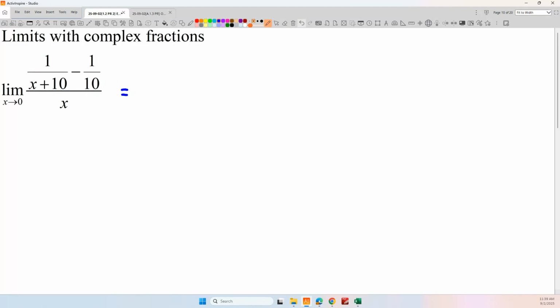Well, the least common multiple of the denominators is going to be their product in this case, right? So on the top, we're going to have to multiply this one by 10 over 10. So I'm going to get 10 over 10 times the quantity x plus 10 minus, multiply this one by x plus 10 over x plus 10.